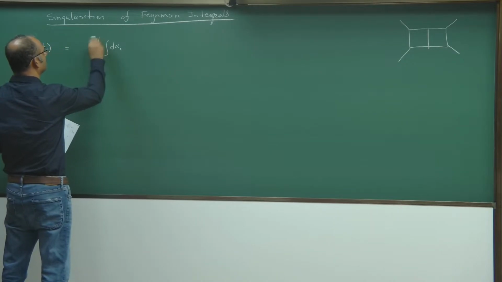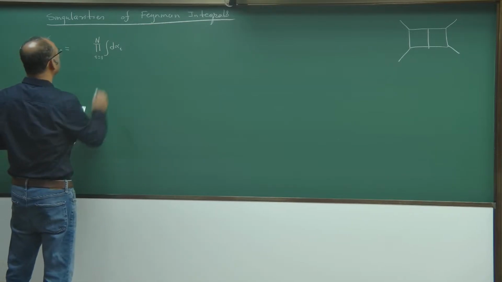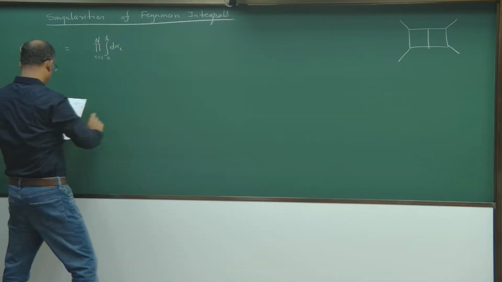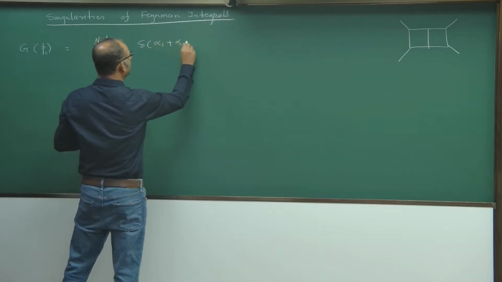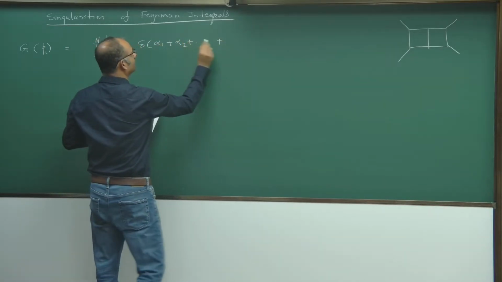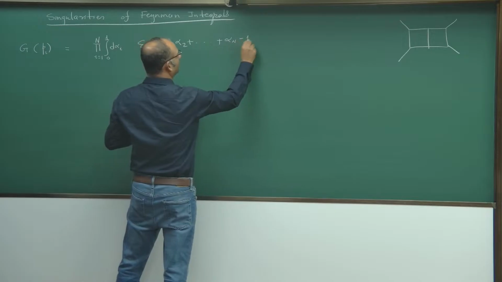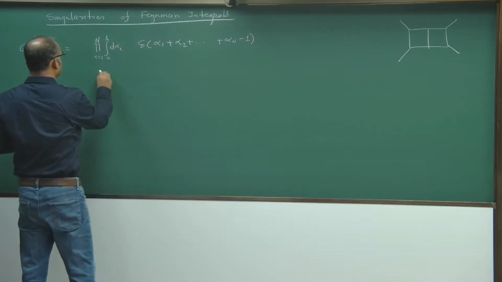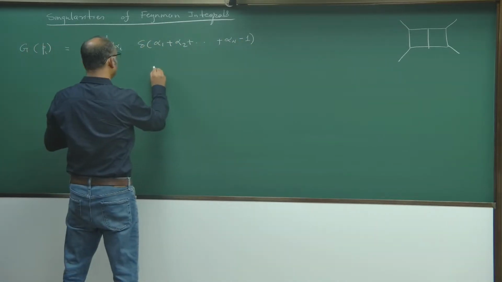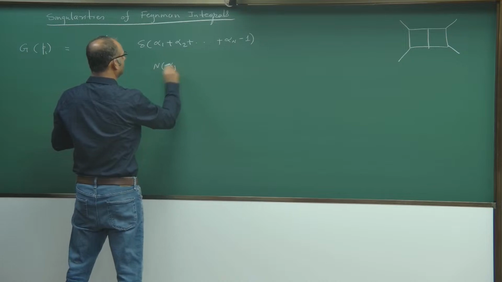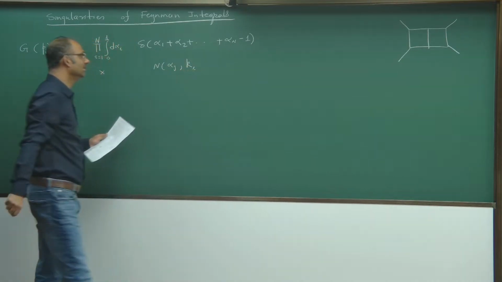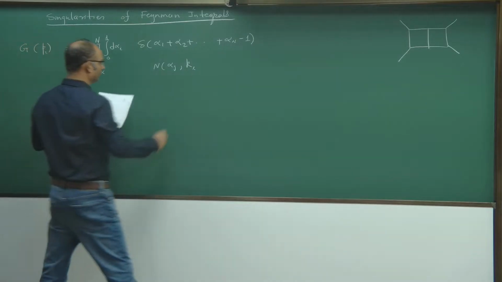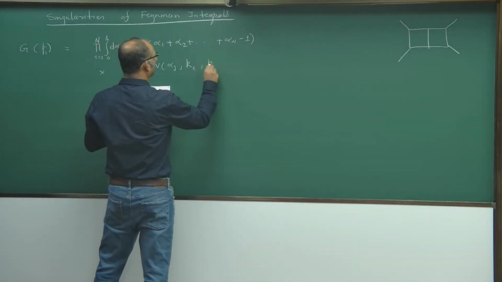I think I used n for that, it's correct, and then you have a delta function times some numerator which will depend on the alphas, the loop momenta k, k1, k2, and so forth, and the external momenta p_i.